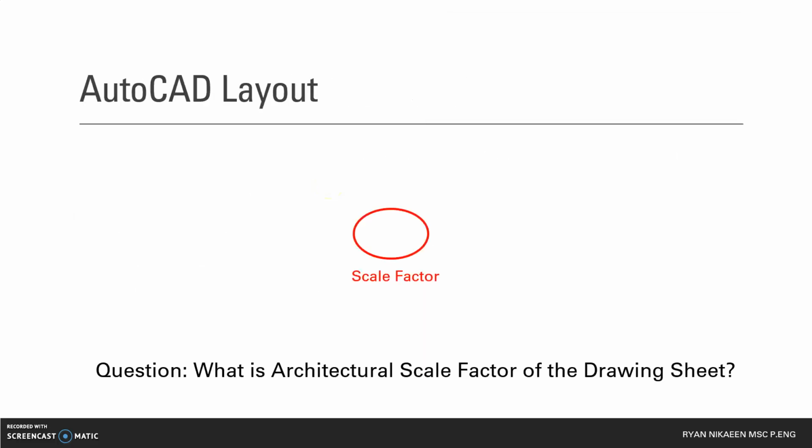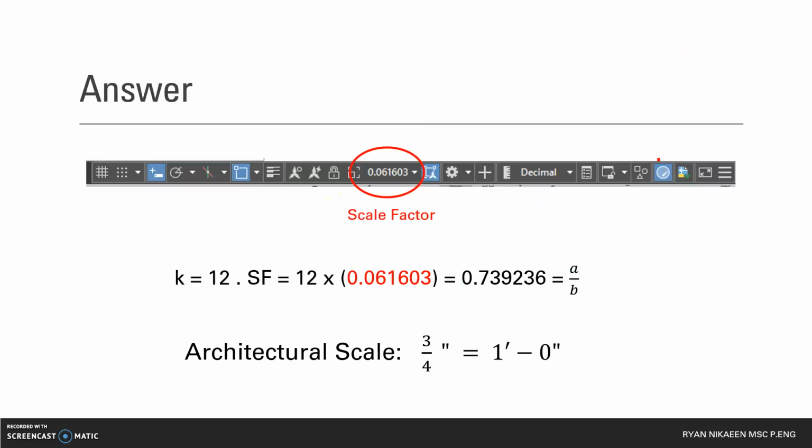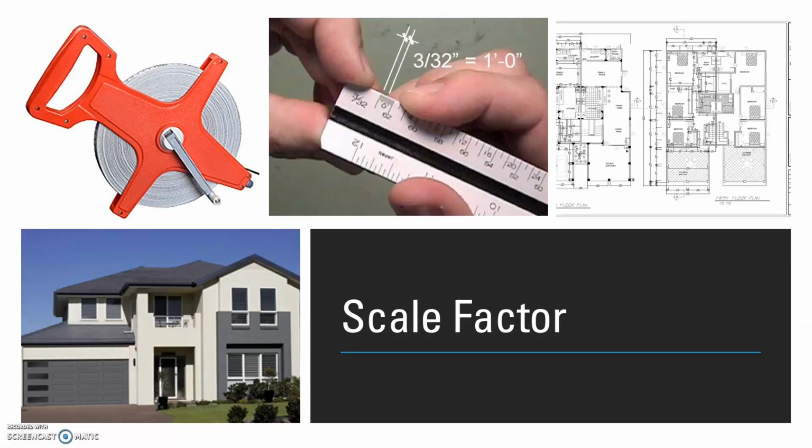So what is the application of this one? I just want to show you something here. Just imagine this is my drawing, and I know that my scale is 3/32 equal to 1 foot.